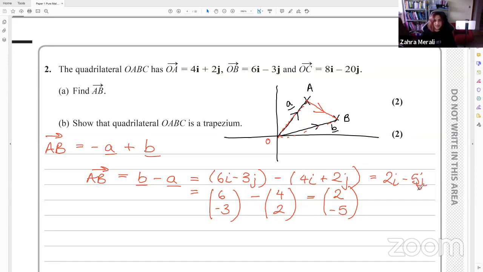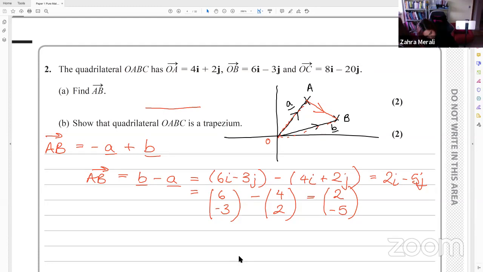And then part B says, show that the quadrilateral OABC is a trapezium. So what does a trapezium look like? If you were to have a trapezium, what's the shape of your trapezium?